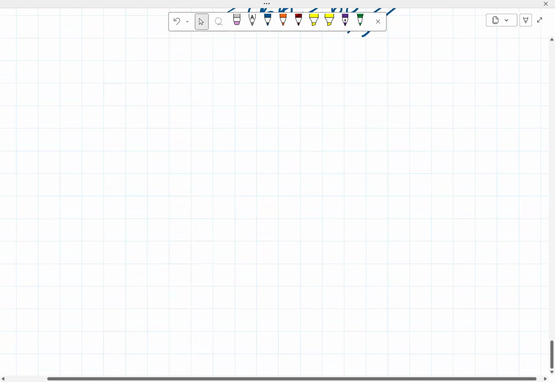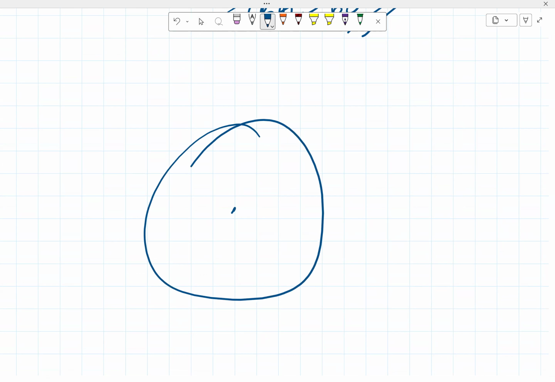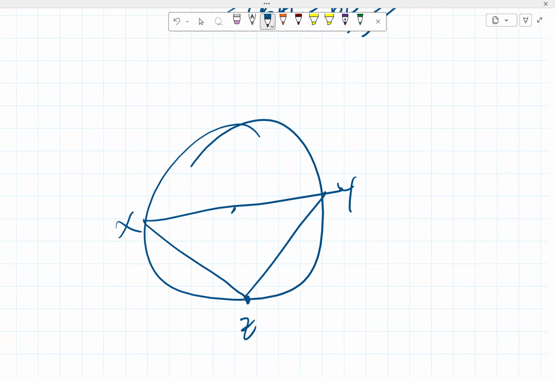Then the other question is, if XY is a diameter, imagine we have this and XY is just a diameter like this. We are told to find XZY. So let's say Z is here. We know easily, without even indicating, that angle XZY automatically will have to be 90 degrees.